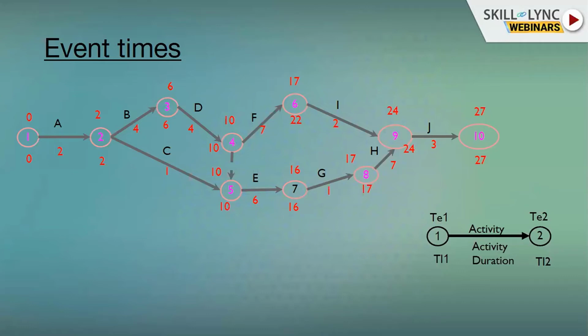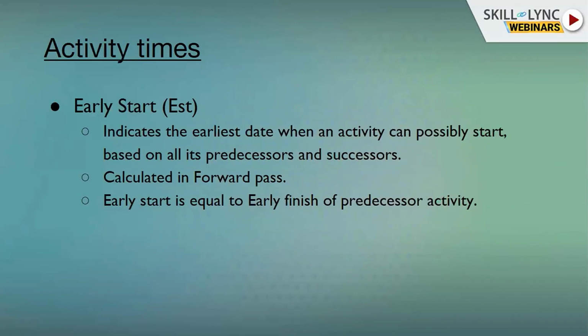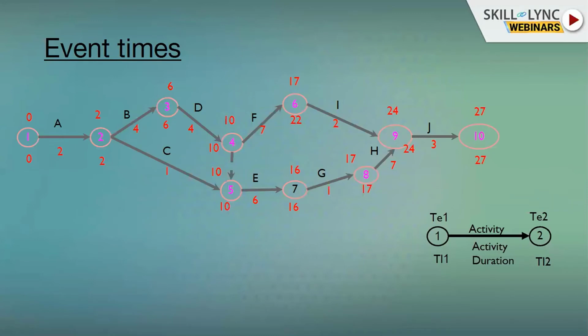Similarly, we were discussing TL, the latest time when an event can occur without delaying the project. There is a difference between TE and TL of event 6. That is, TE is 17 and TL is 22.